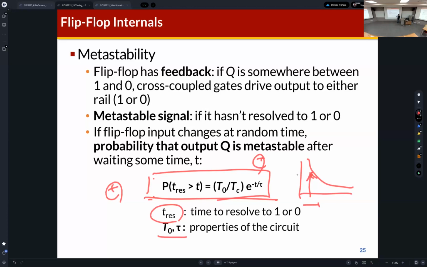That's what we can know from this probability function of metastability.